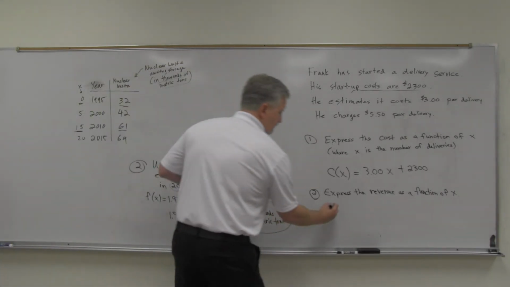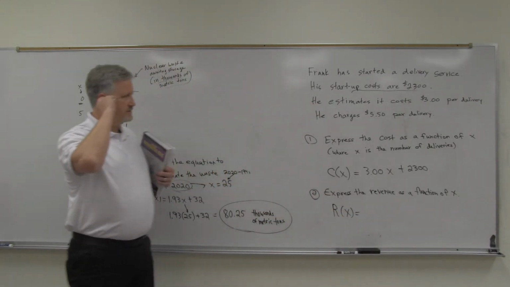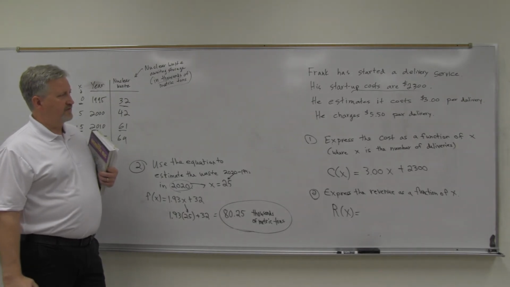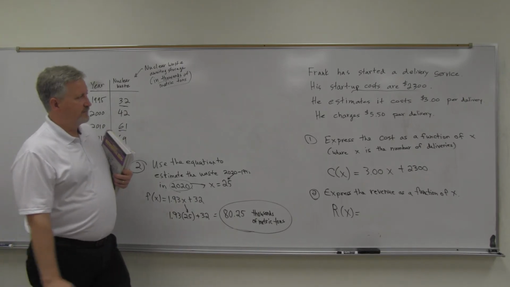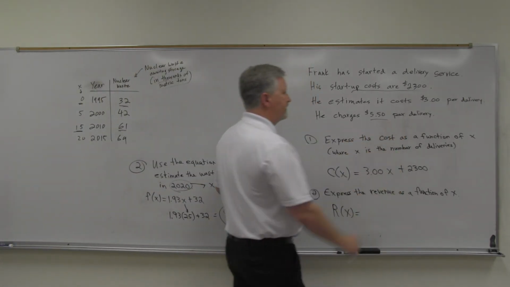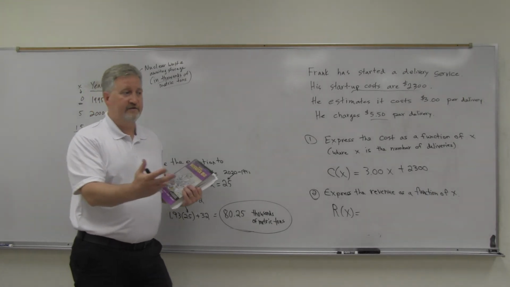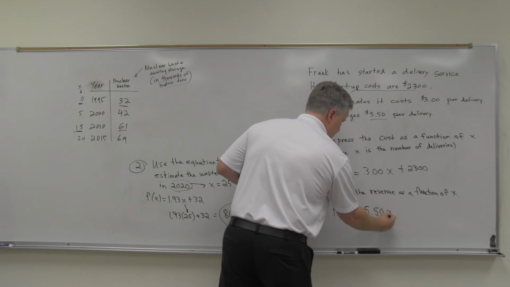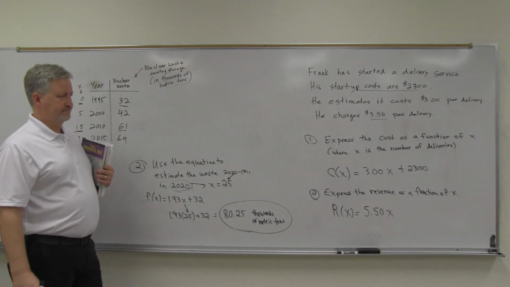So r of x is how much he takes in, depending on the number of deliveries. So what would r of x be here? Well, he gets $5.50 per delivery. So that would just be 5.50 times however many deliveries are done. 5.50x. That was a little simple.